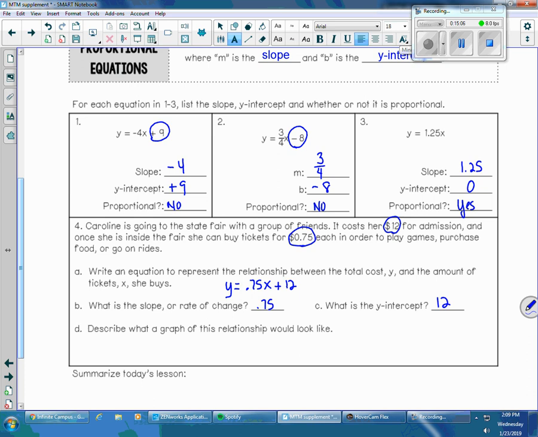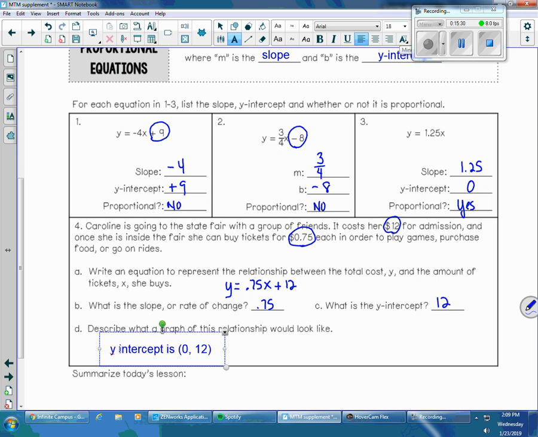Describe what a graph of this relationship would look like. So let's think about it. If I were graphing this on a coordinate plane, my graph is going to start at 0, 12. So my y-intercept is going to be 0, 12.